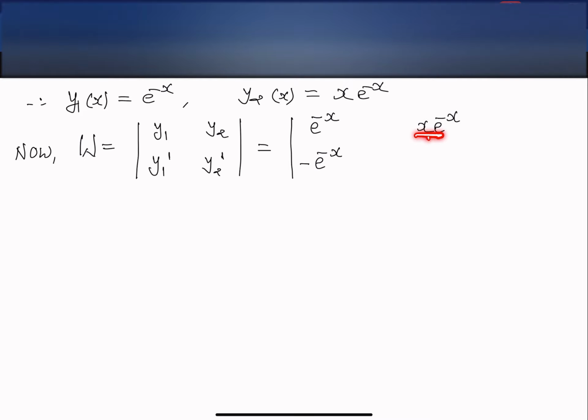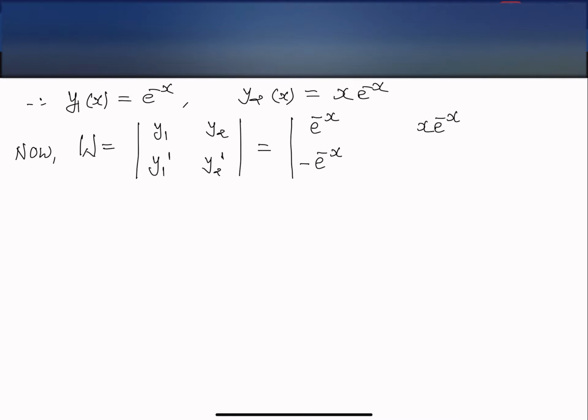What is the derivative of x e raised to minus x? x as it is, then derivative of e raised to minus x is, clear, plus. Now e raised to minus x as it is, then derivative of x is 1.